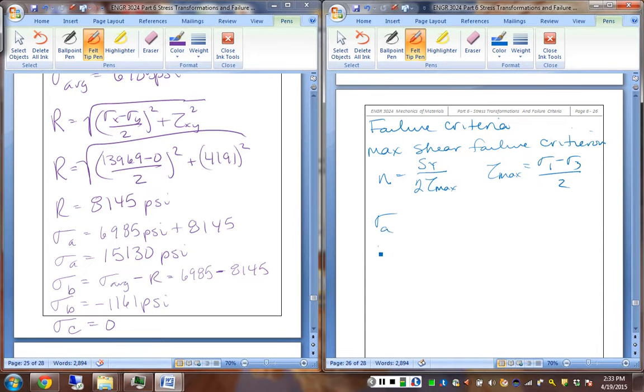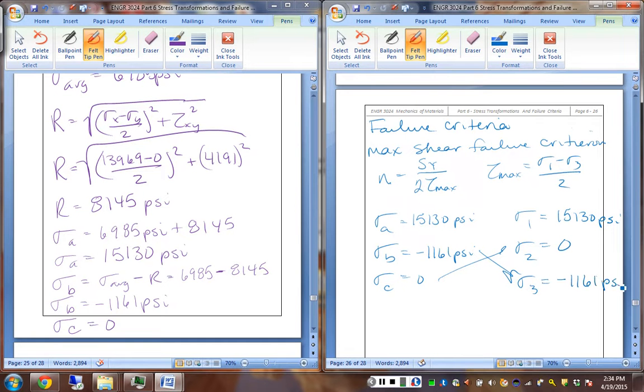Well, we have sigma A, sigma B, and sigma C of 15,130, minus 1161, and 0. We need to rank and reorder these: 15,130, 0, and minus 1161, so that we then see that our max shear is 15,130 minus a minus 1161 over 2, or 8145.